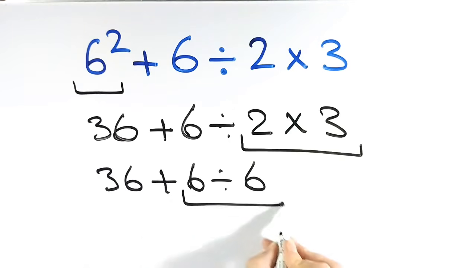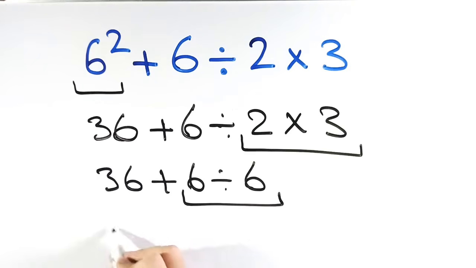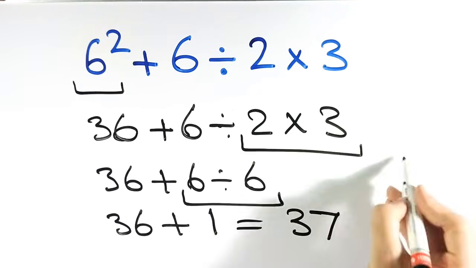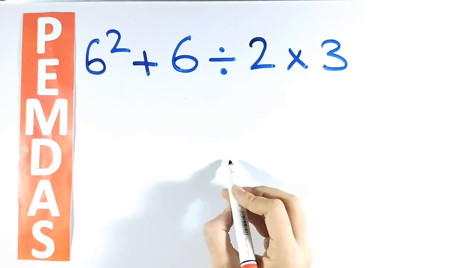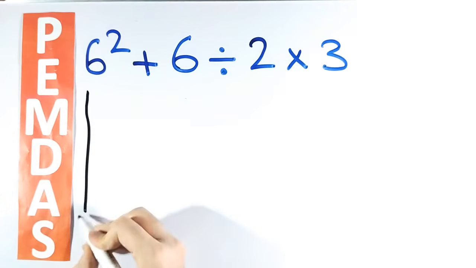Then, they go for the division between 6 and 6 because they think division has priority over addition. So, instead of this expression, they write 36 plus 1, which finally gives them the answer 37. However, that's definitely wrong.